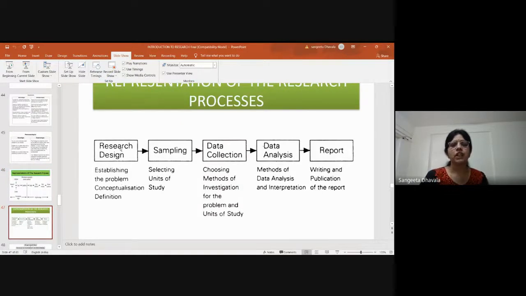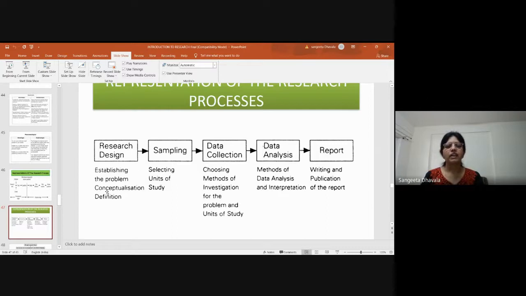So you are first arriving at the research design, in the sense you are identifying the problem. Your handbook will clearly say to give the operational definitions of the variables that you have considered for the study. So you will conceptualize, you will come up with a theoretical framework.